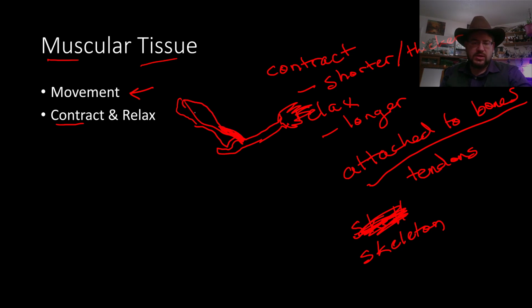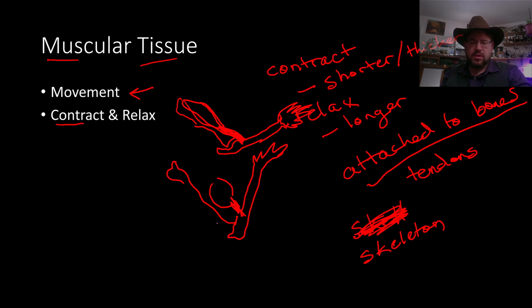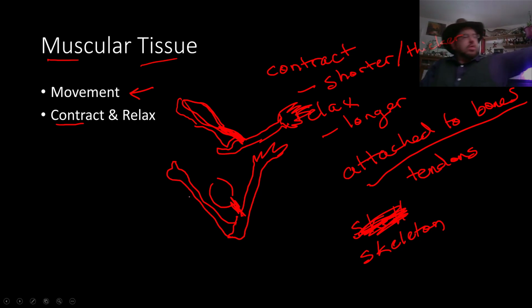And when the bicep gets all fat and short, it pulls on that tendon, because the tendon doesn't change in length, and it raises that bone up. So that's how you go to the gun show.